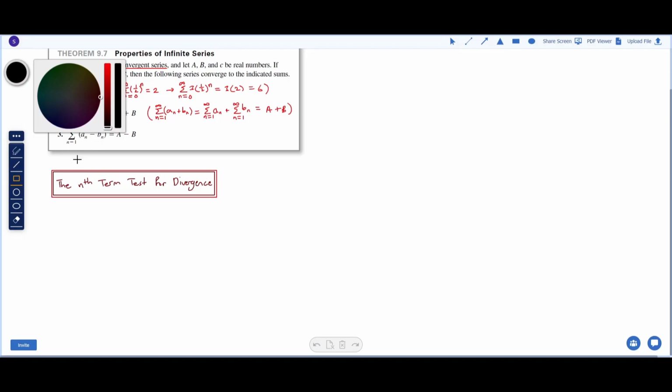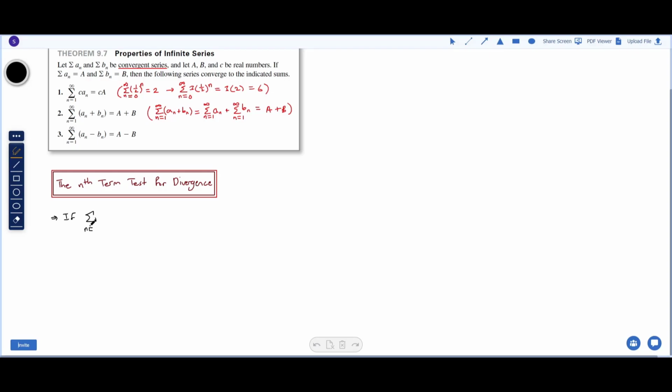All right, so what this test says is that if the sum from n equals 1 to infinity of a sub n converges, right?